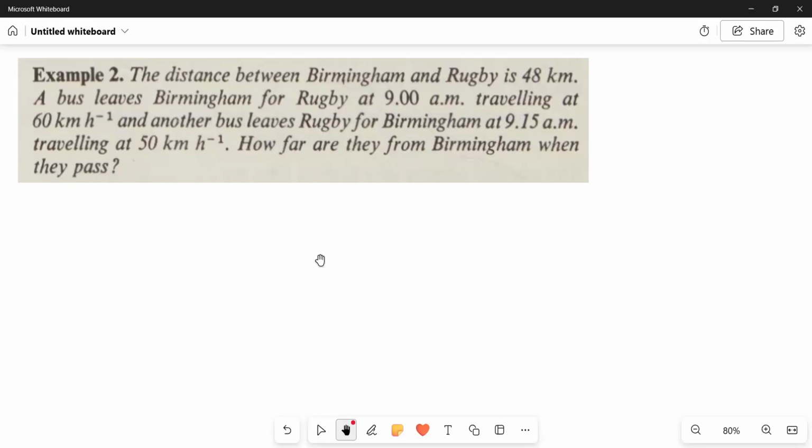And it's traveling at 50 km per hour. And they're asking how far are they from Birmingham when they pass, right? That's our little problem. Good. So how do we handle this?